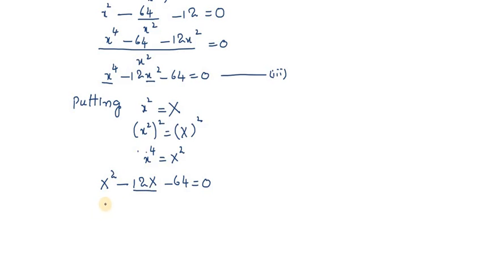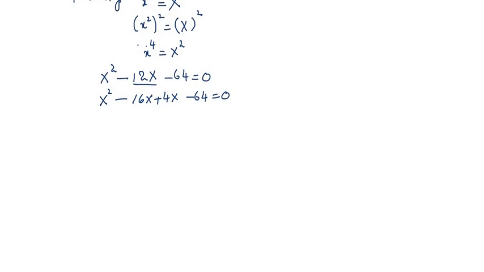The factors of this middle term will be X square minus 16 X plus 4 X minus 64 is equal to 0. We can take X as common: X minus 16, plus 4.